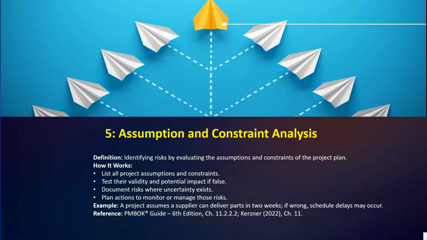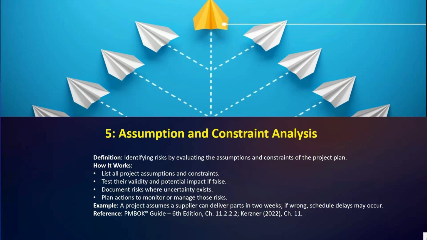So here we have the definition: identifying risks by evaluating the assumptions and constraints of the project plan. How it works: list all project assumptions and constraints, test their validity and the potential impact if false, document risks where uncertainty exists, plan actions to monitor or manage those risks.